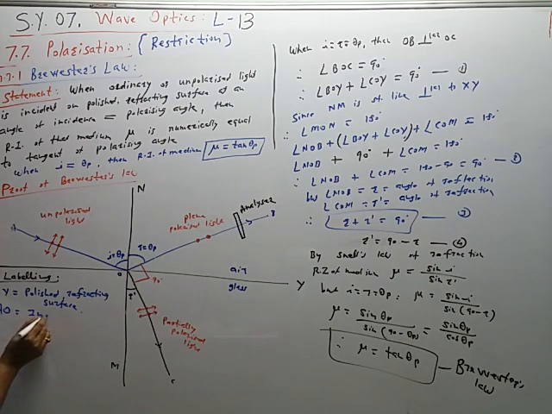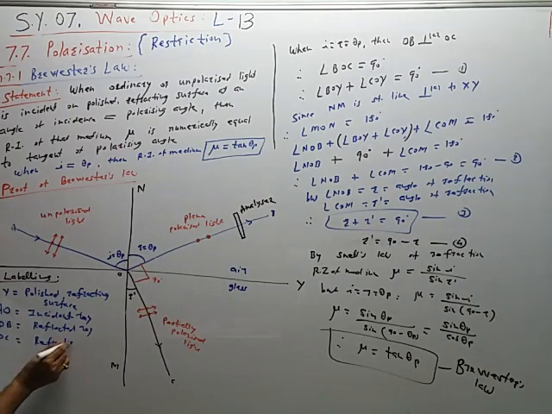AO is the incident ray. OB is the reflected ray. OC is the refracted ray. So it is a partial reflection, partial refraction phenomenon.